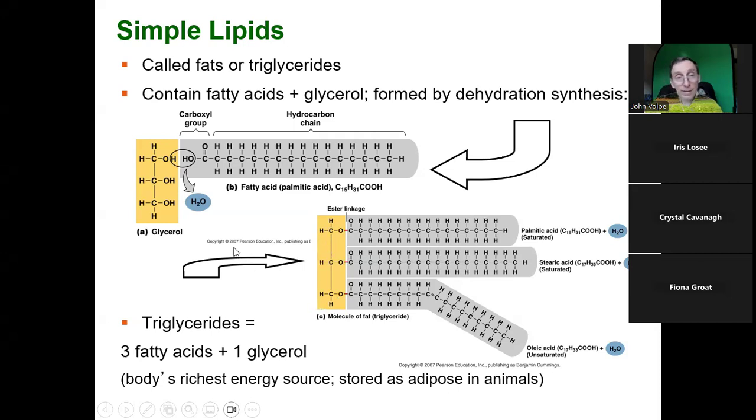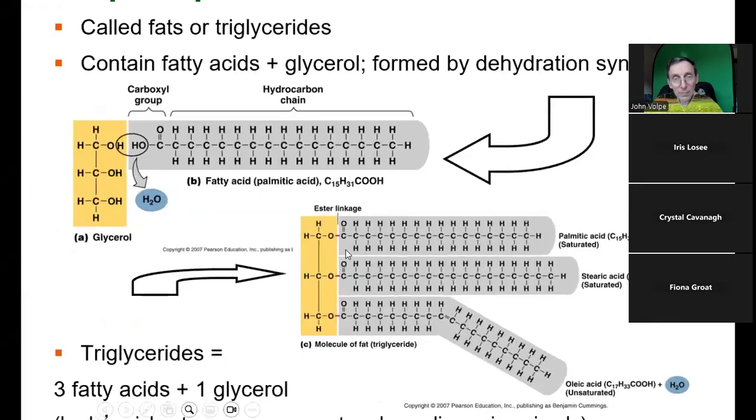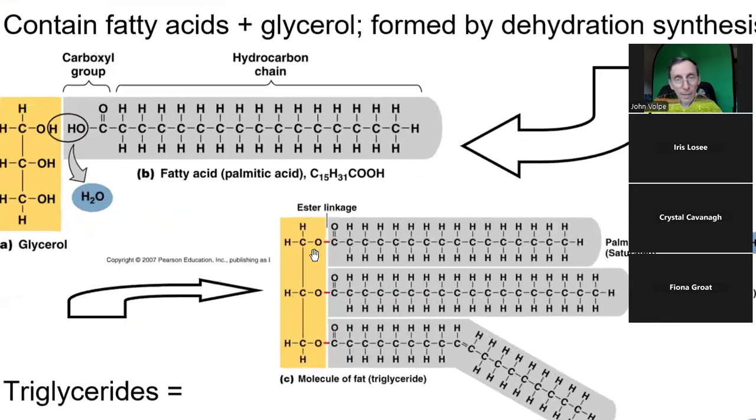And how you link that together in dehydration synthesis is you pull out the OH group from the fatty acid, the hydrogen group from the glycerol, and then you link that carbon directly to that oxygen in the glycerol, which is sort of shown right here. Pull that up. Where that carbon now links directly to that oxygen.